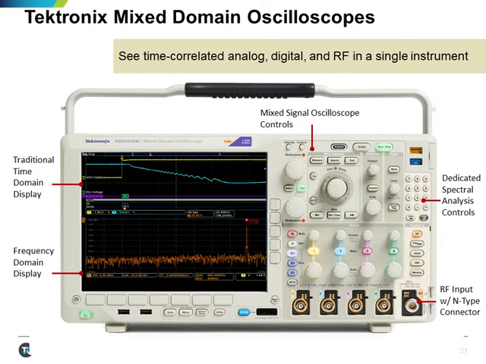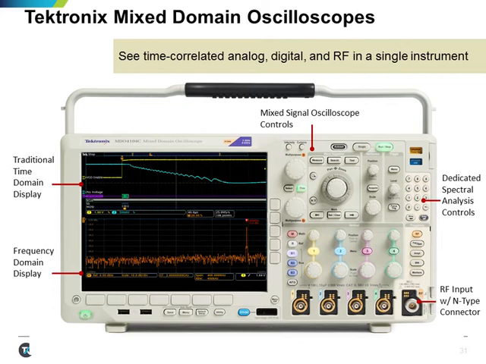You can also see the analog as well as digital values at the same time, including serial buses. You can also look at traces of frequency, power, and phase changes on the RF channel over time, and relate these to analog and digital signals at other points in your system.